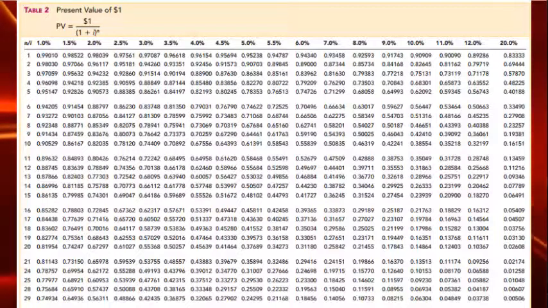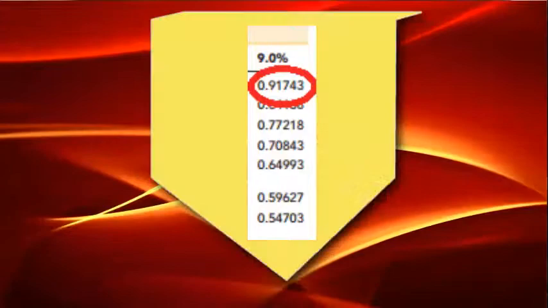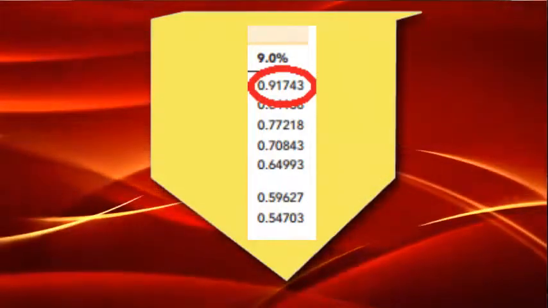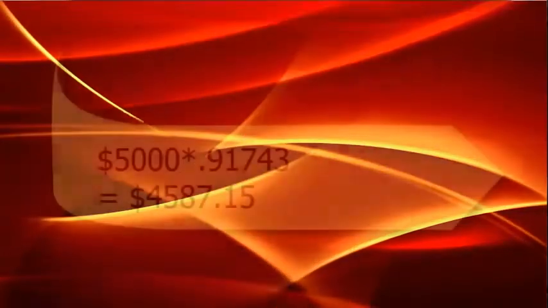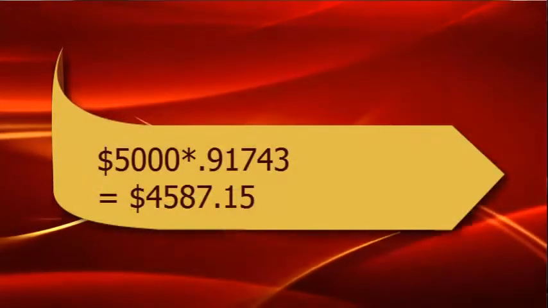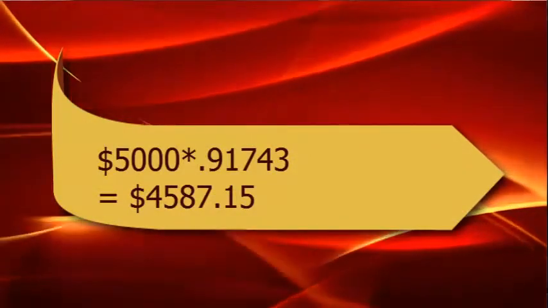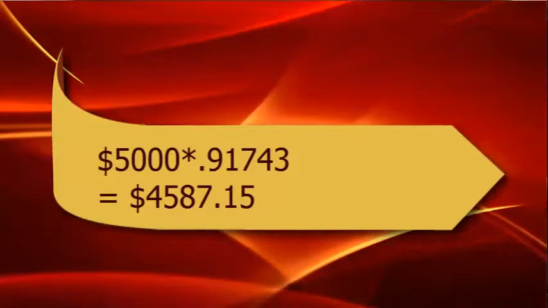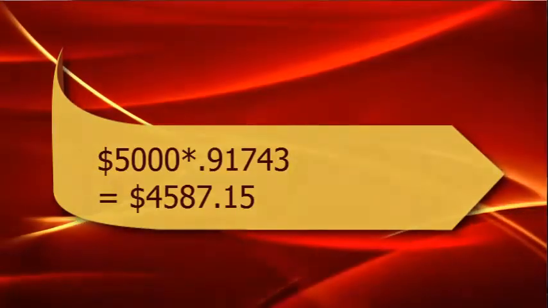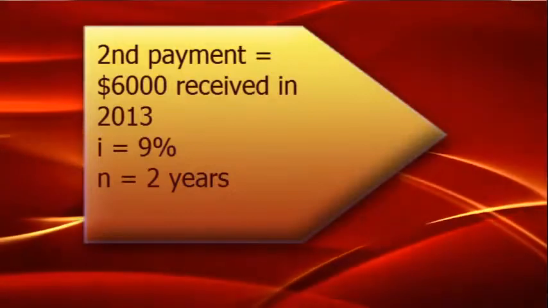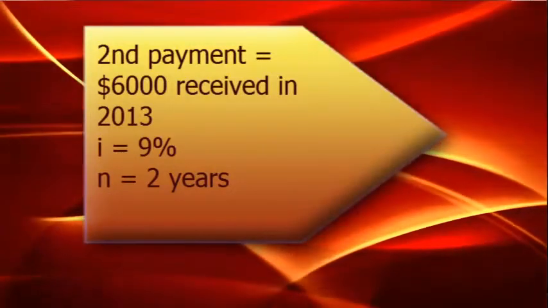We find our value on the table for 9% at 1, which is 0.91743. So $5,000 times 0.91743 equals $4,587.15. The second payment is $6,000 received in 2013.